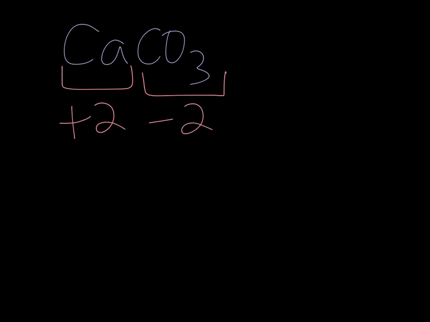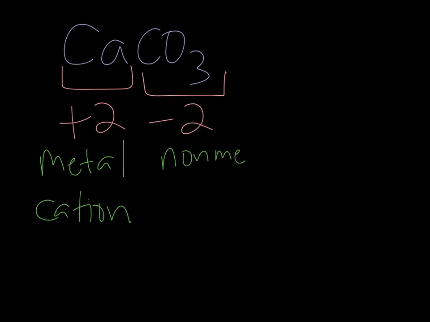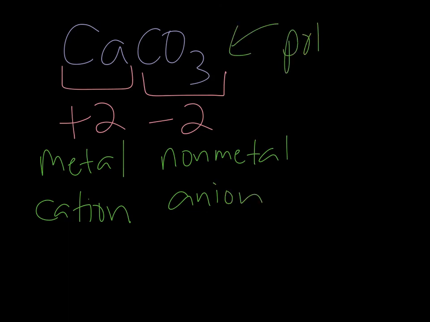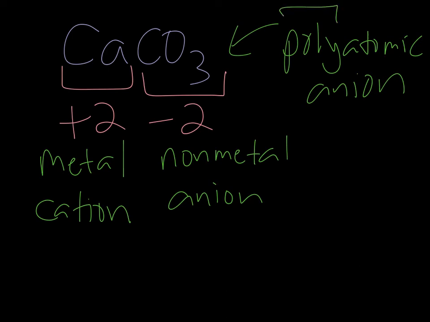I have my metal, and that is a cation, and then I have my nonmetal, and that is my anion, and this is called a polyatomic anion because it has more than one atom in it. So the whole anion has carbon and oxygen in it, poly just meaning multiple.